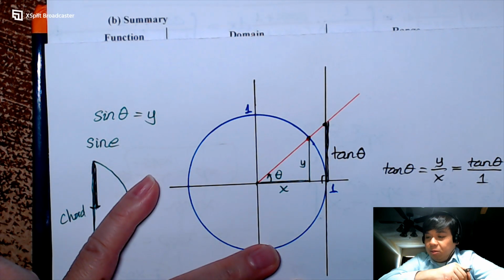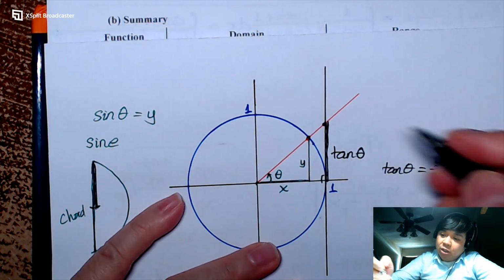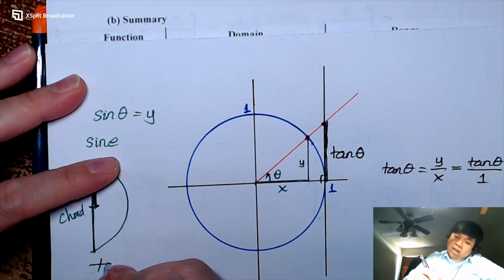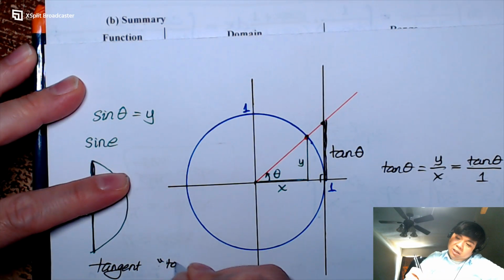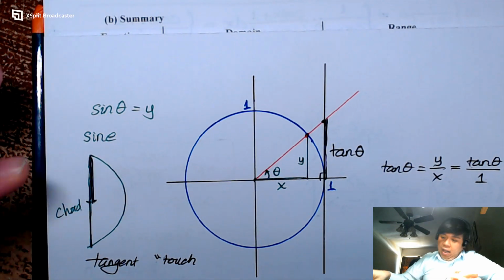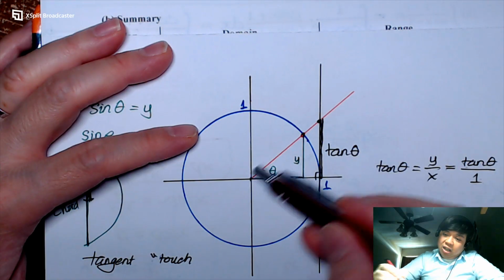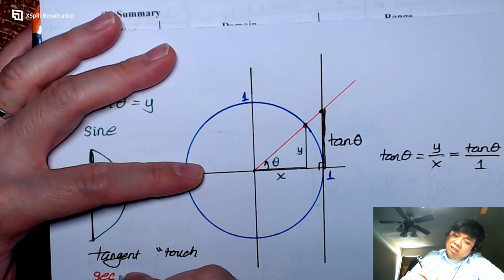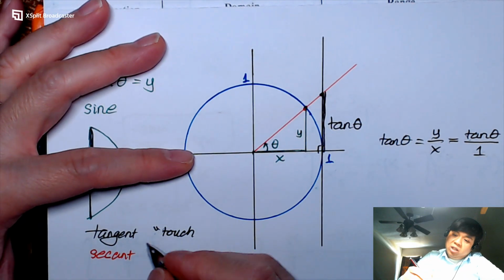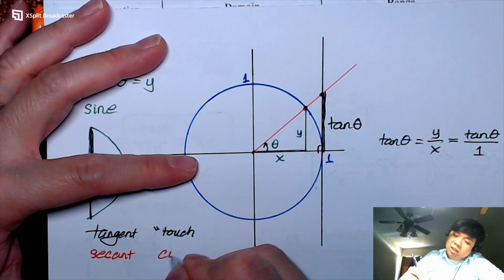And then, tangent means touch. The Greek word tangent means touch. And the secant is this line here. Secant in Greek, I think, means cut.